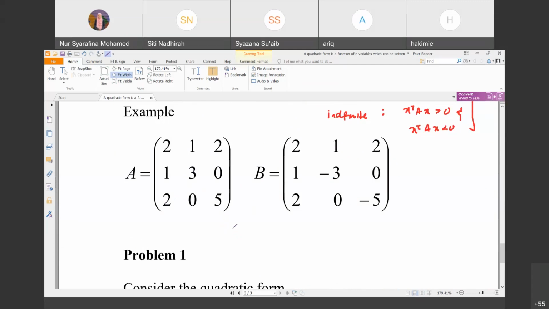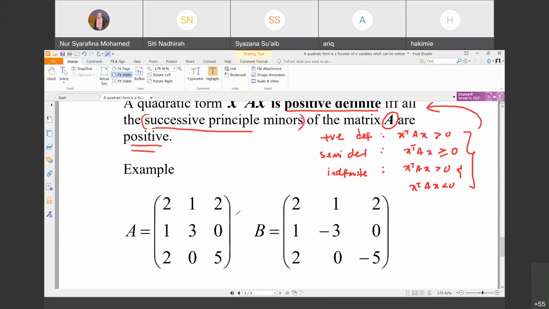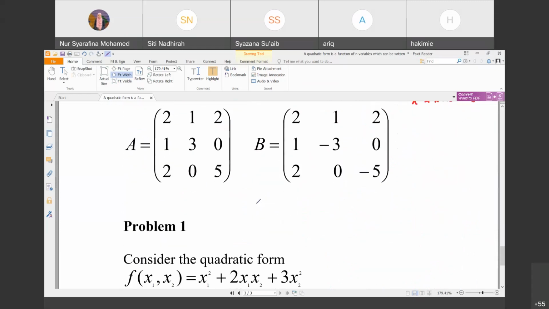Okay. How can we take a look at the successive leading principal minors? So first, let's take a look at A first. What is the minor of A11? Which is here, right?